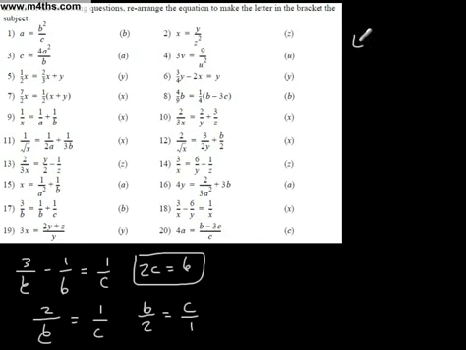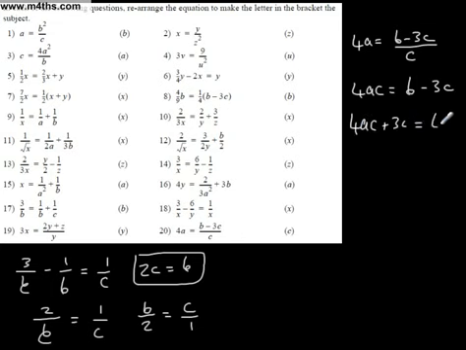4a is equal to b minus 3c over c. Now we have a c in the numerator and denominator, and we need to make c the subject. That means we've got to get it out of here. Multiply it by the c: 4ac is equal to b minus 3c. I want c's on one side to try and isolate them: 4ac plus 3c is equal to b.